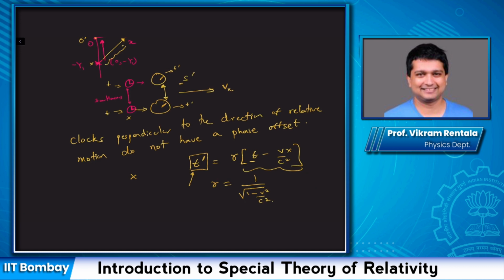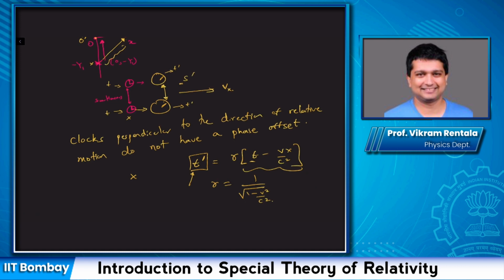Now what that means is that rods placed perpendicular to the direction of relative motion appear to be of the same length.